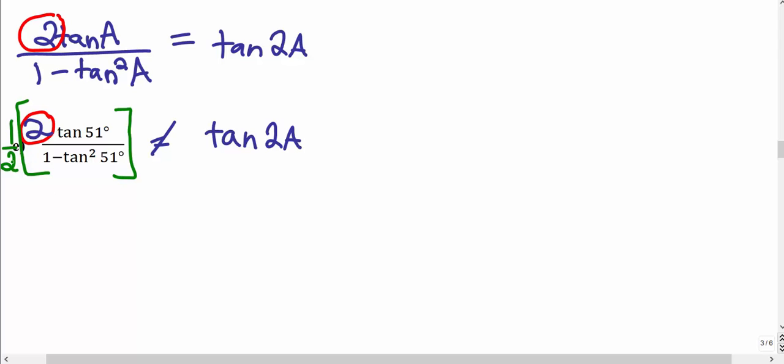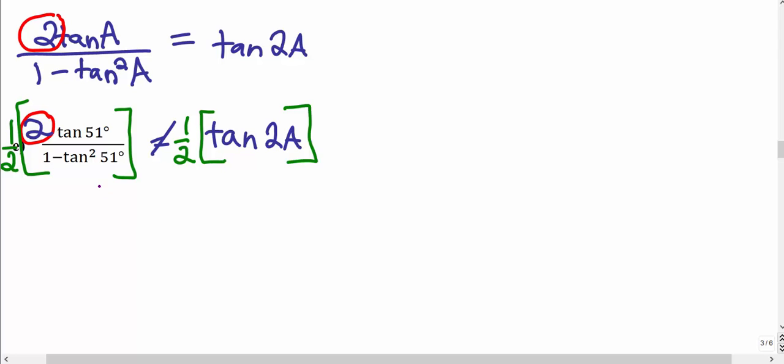Now what is 1/2 multiplied times 2? Well, these would end up canceling out and we would end up with the original expression. So we're going to be a little bit sneaky here. We're going to put in the 2 that we were missing to have that complete double angle identity for tangent. But if we put in a 2, then we need to counteract that on the outside by multiplying by 1/2. So this is actually equivalent to 1/2, and now what's in the brackets is the double angle identity for tangent.